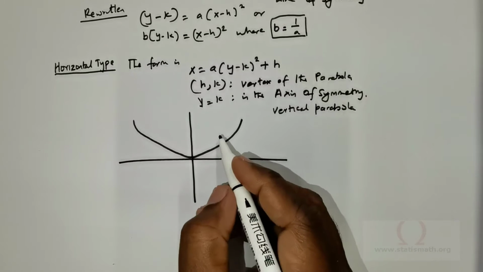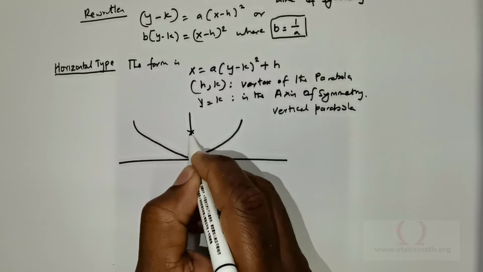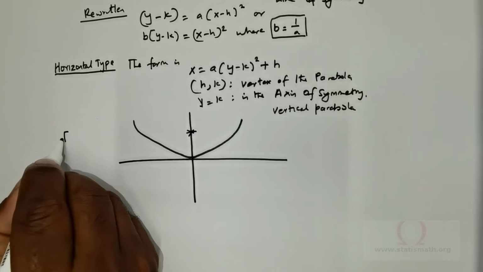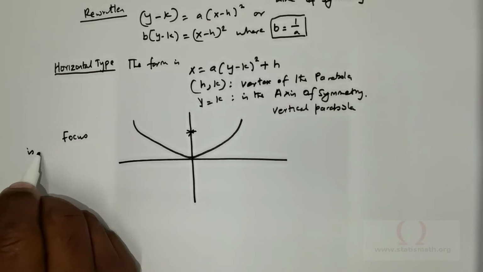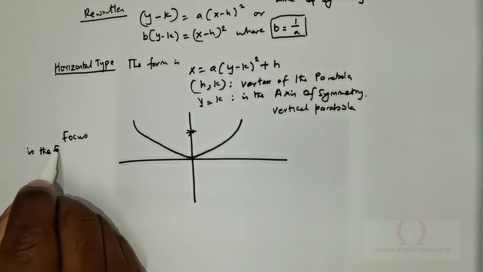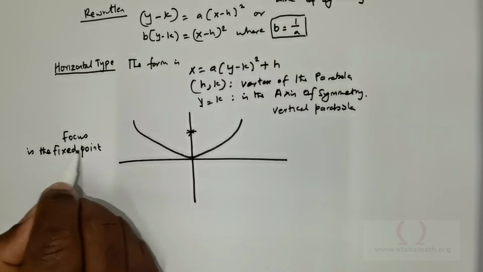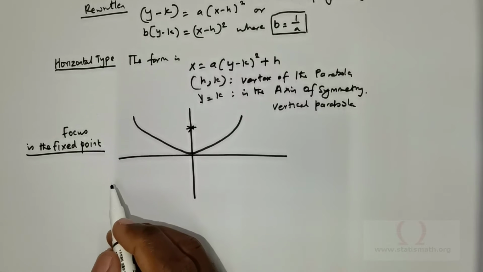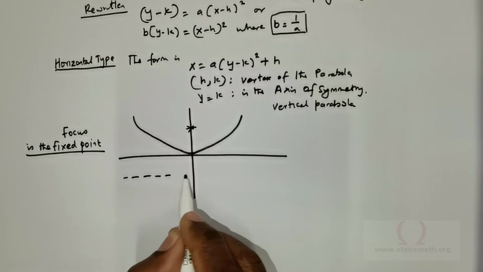And there are two important things that you have to know. Now, this point is called the focus. Now, what is the focus? Focus is the fixed point in the parabola.